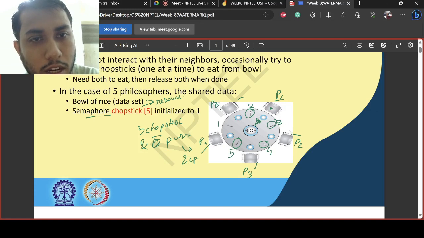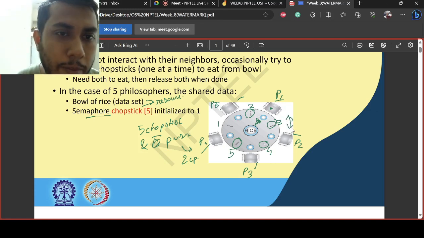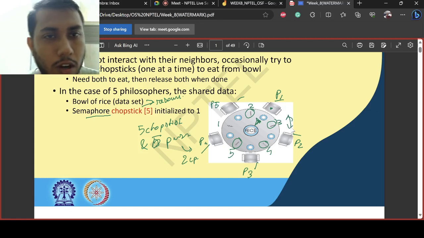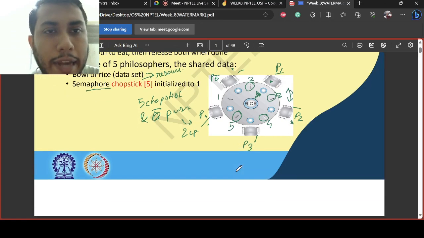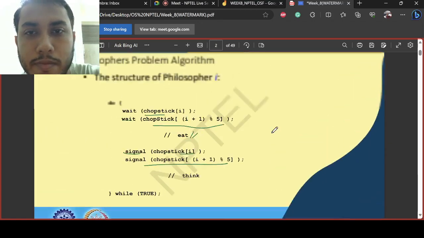So you see, no two consecutive philosophers are able to eat. There has to be some gap between them. Let's say when P1 is eating, P5 and P2 are not able to eat, and only one out of P3 and P4 will be able to eat. So at a time, only 2 will be able to eat.